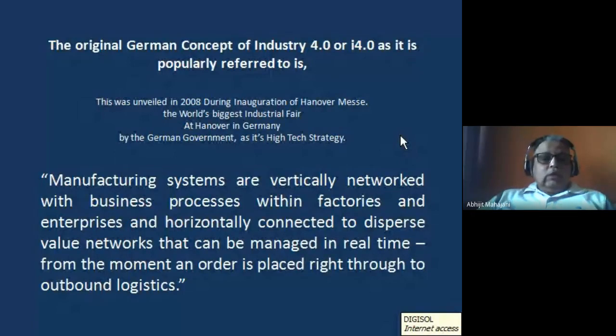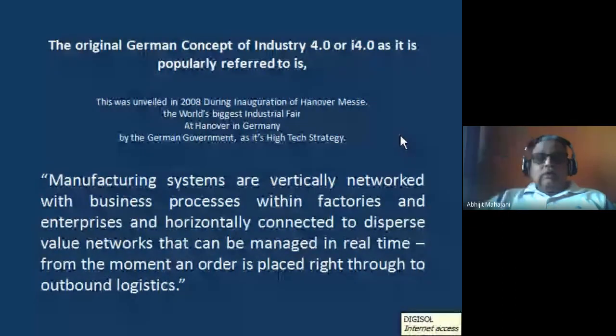The concept is that manufacturing systems are vertically networked with business processes within factories and enterprises, and horizontally connected to dispersed value networks that can be managed in real time from the moment an order is placed right through to outbound logistics. Now, this was the vision that the German government gave as its high-tech strategy sometime in April of 2008.